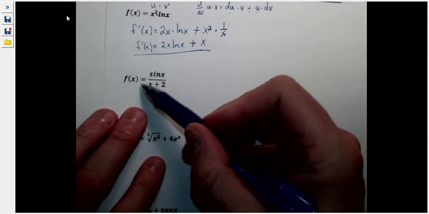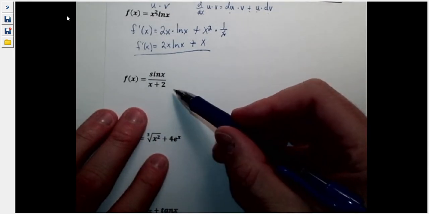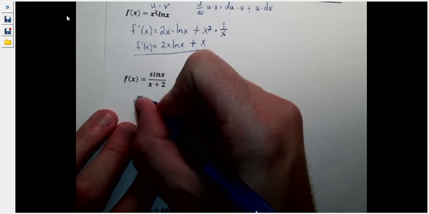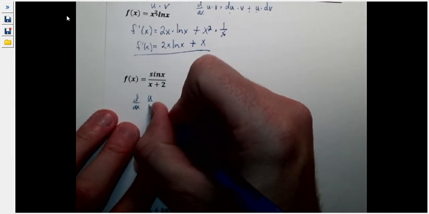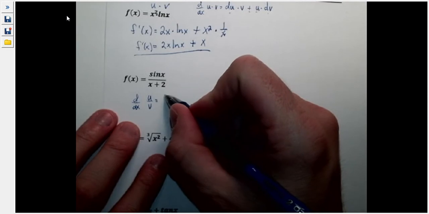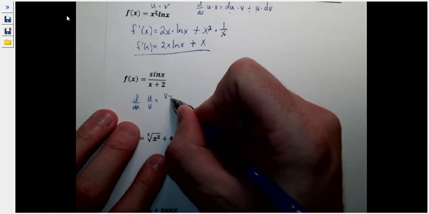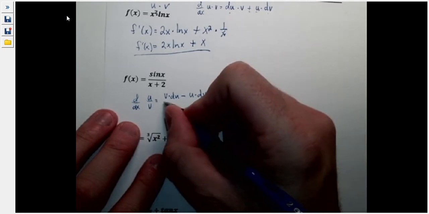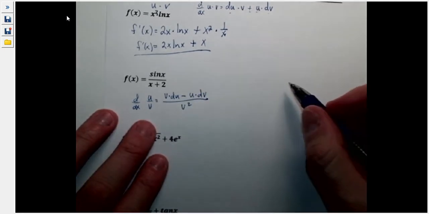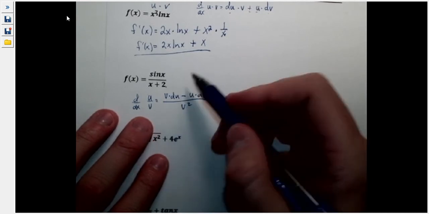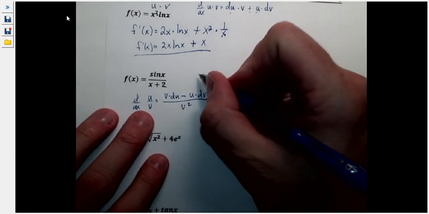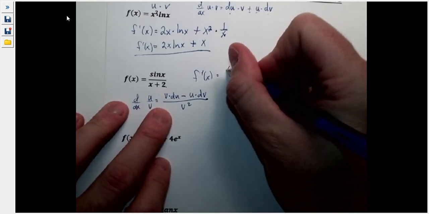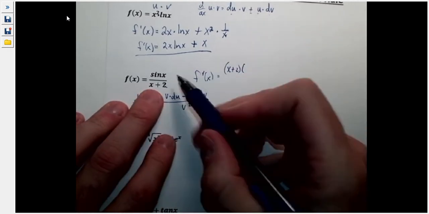Now, here we go, we have quotient rule. Okay, so this is d over dx of u over v, v times du minus u times dv over v squared. So this is my u, this is my v. We follow the pattern, so we get f prime of x is going to be x plus 2 times the derivative of sine.